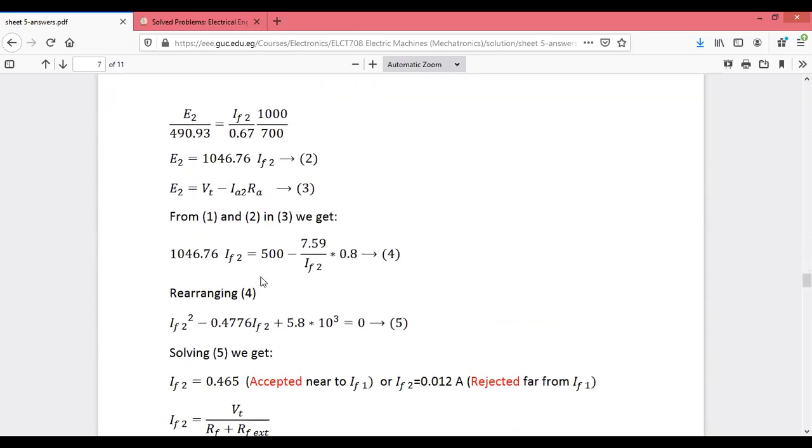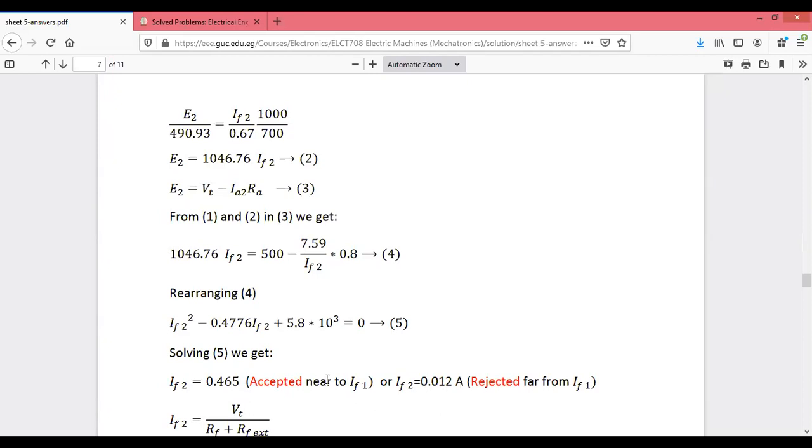You will get the value of IF2. When you rearrange the equation and solve, you will get IF2 equal to 0.465 ampere. If you solve this quadratic equation, you will get two roots: IF2 equal to 0.465 or IF2 equal to 0.012.